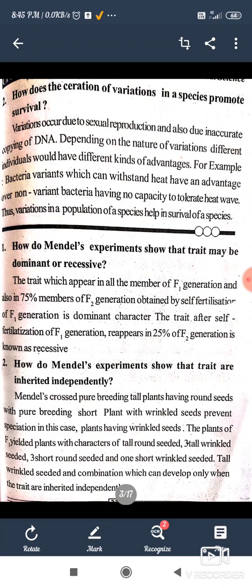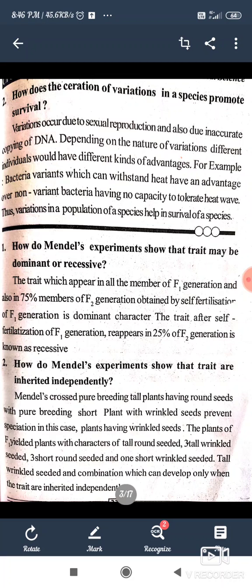How does the creation of variation in a species promote survival? Variations occur due to sexual reproduction and also due to inaccurate copying of DNA. Depending on the nature of variations, different individuals would have different kinds of advantages.